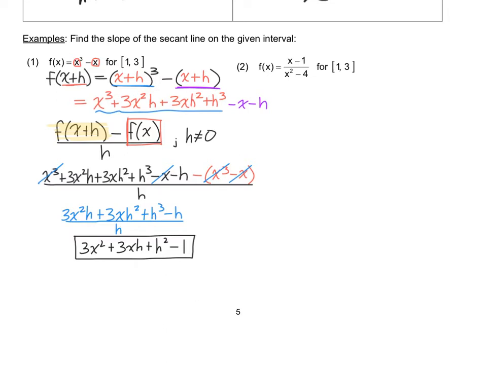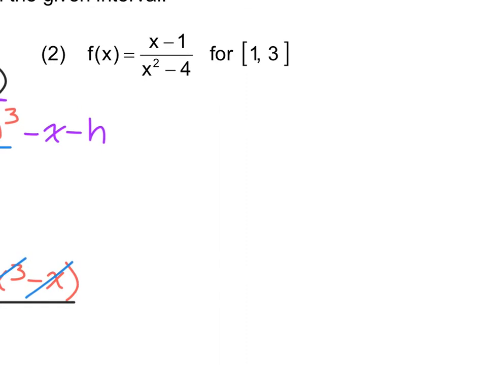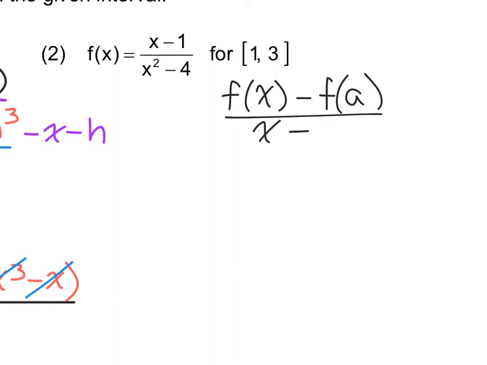All right. So in number 2, I'll use the other approach because I can't even imagine trying to do the x plus h substitution with that rational function. That does not look overly appealing. So let's find the results of f of x minus f of a over x minus a.